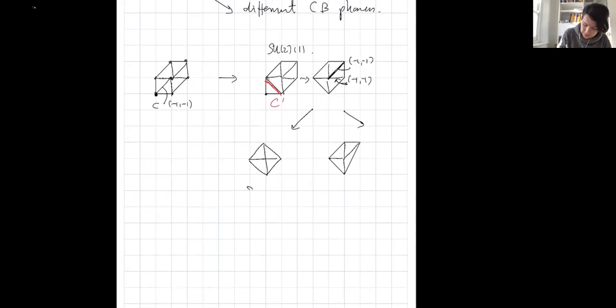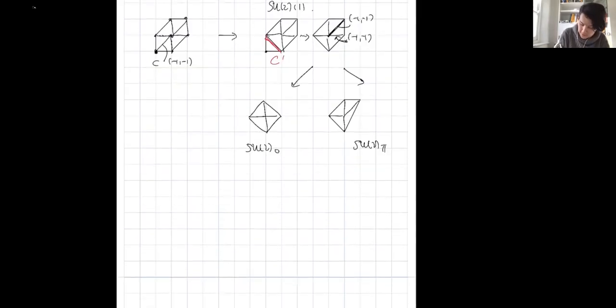And so this is SU2 0, and this is SU2 pi. And in fact, in this case, there's still one -1 curve left, which is this one. So the sum of these two is minus that. And if we flop that, we get to the diagram like this. And that's actually the geometry of a P2.